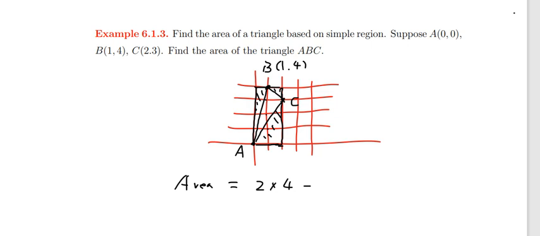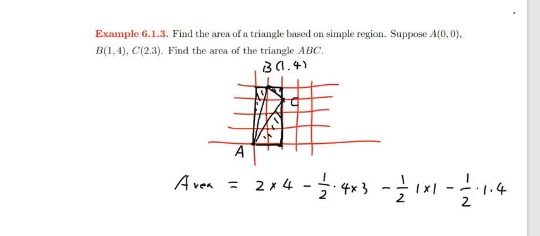these three triangles. So this one is half 2 times 3, right? And this one is minus half 1 times 1. And this one is half of 1 times 4.